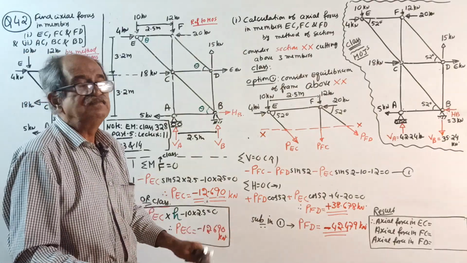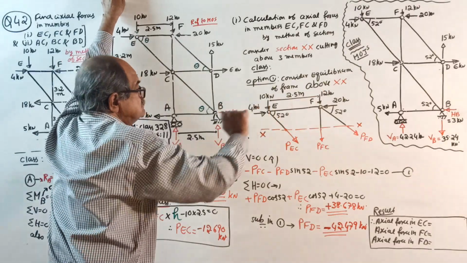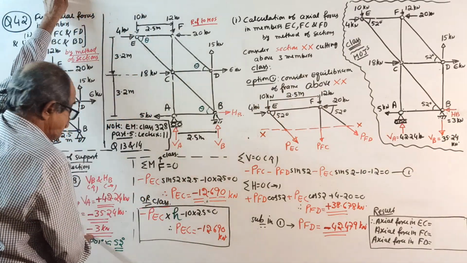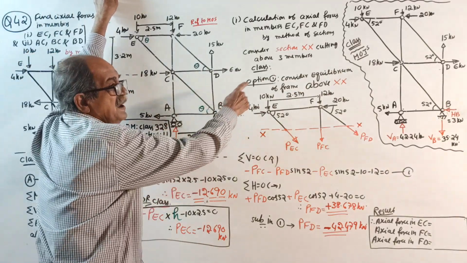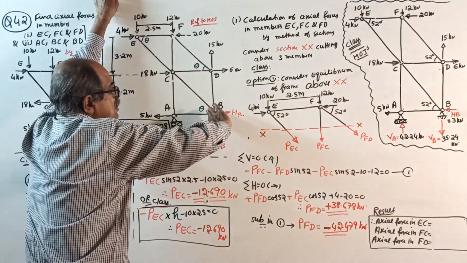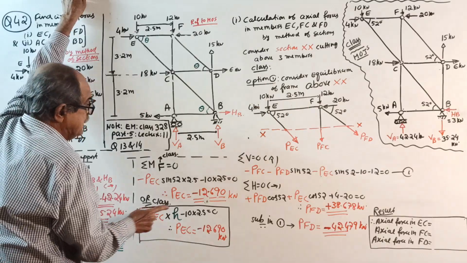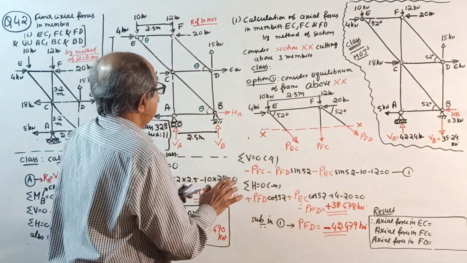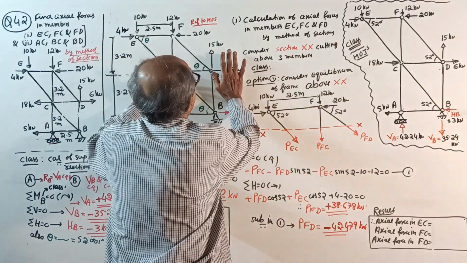No minus then. Same way, HB, I took to the right side, but the answer came minus 3. So when I consider HB for any calculation later, I will not take the right side, I will take it to the left side as 3 kilonewton, no minus. I will not tell this every time now. I have told it. Okay, now start.